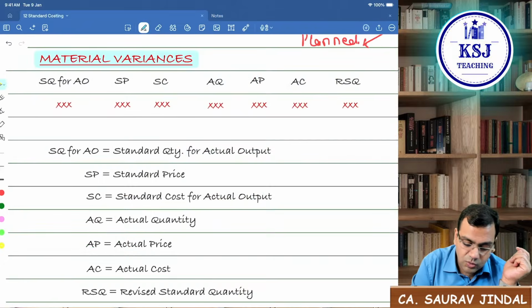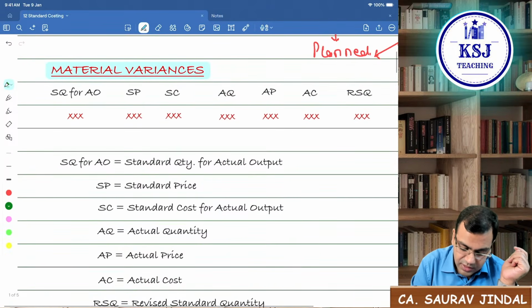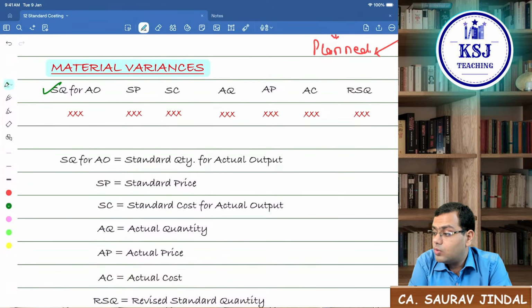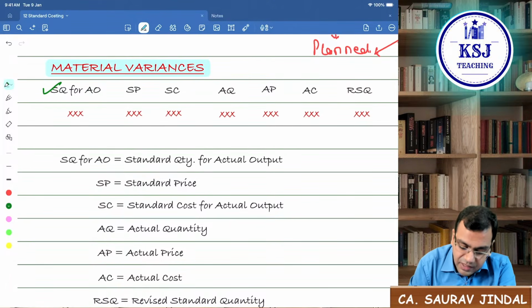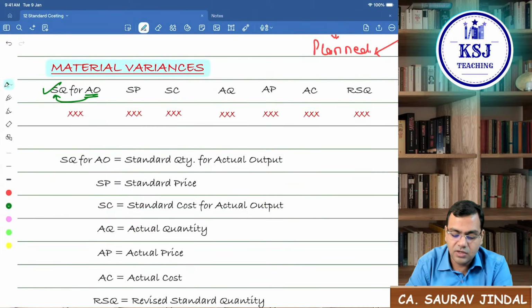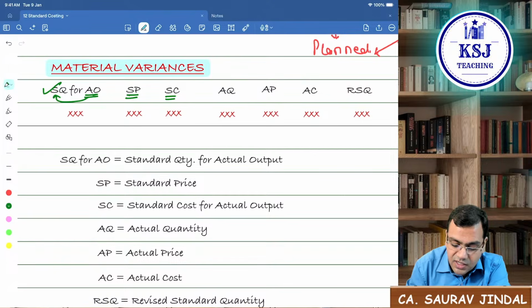This is what we call standard quantity for actual output, that whatever is the actual output that you have manufactured, what is the standard quantity for that? What is the standard price? And this will give you the standard cost for actual output.